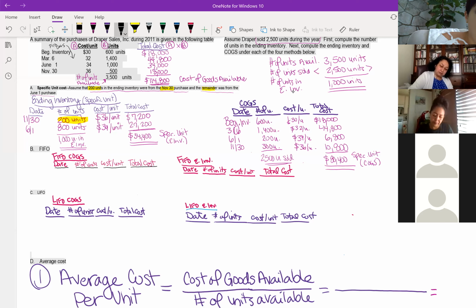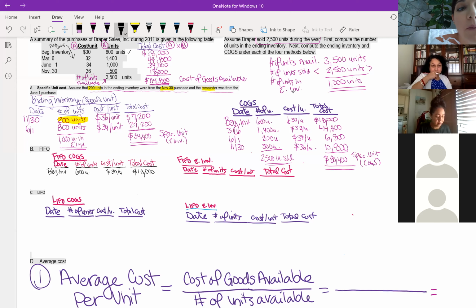Yes. So beginning inventory is going to be expensed, 600 units in beginning inventory at a cost of $30 per unit. 18,000 is expensed. We are way under our 2,500 units at this point in time.